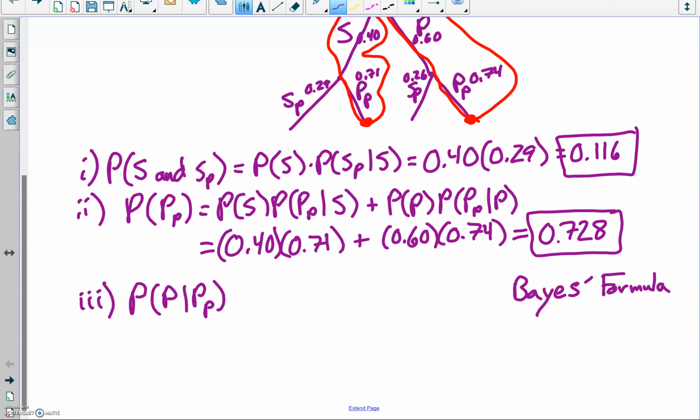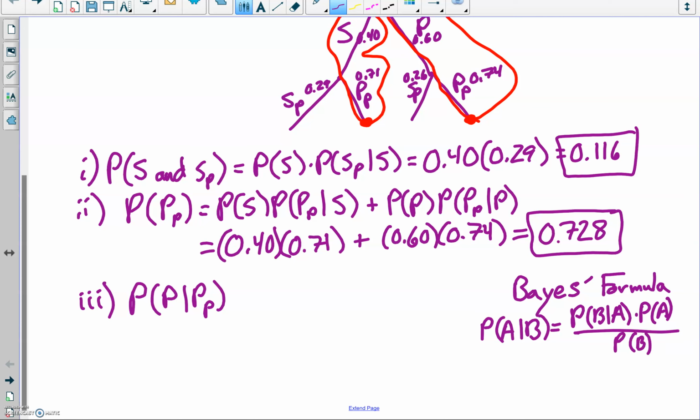sometimes called Bayes' Theorem, says that in general, the probability of A given B can be rewritten as the probability of B given A times the probability of A, divided by the probability of B. This works out really great in this case.